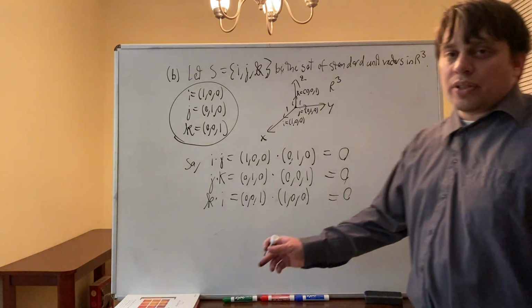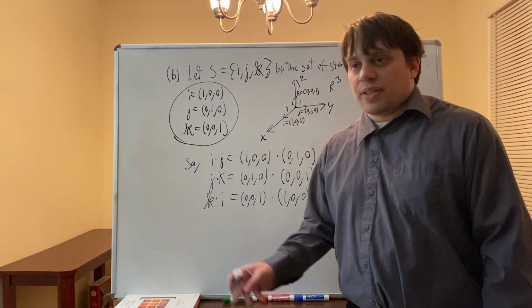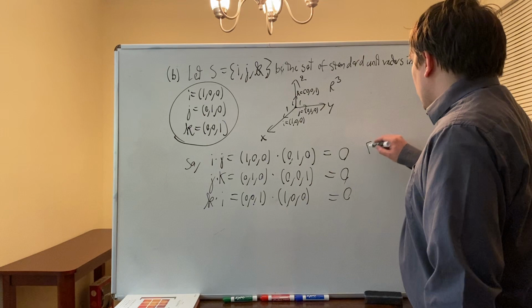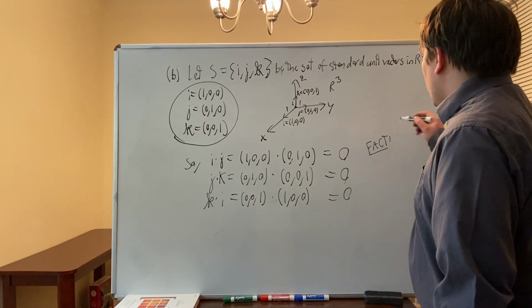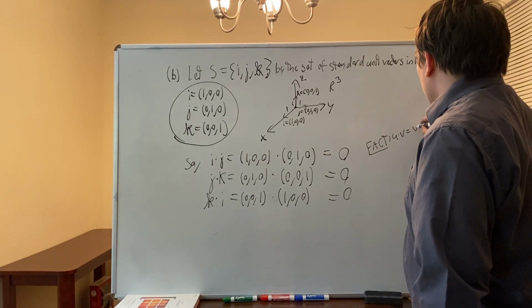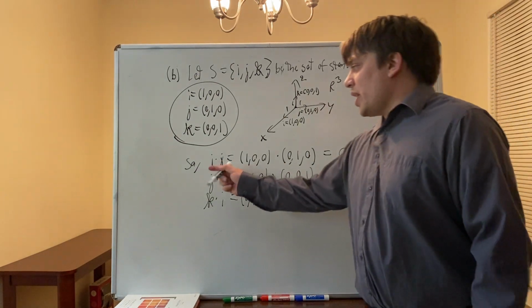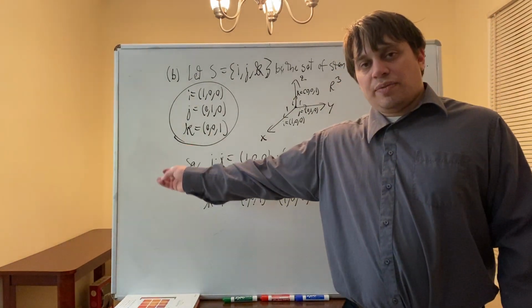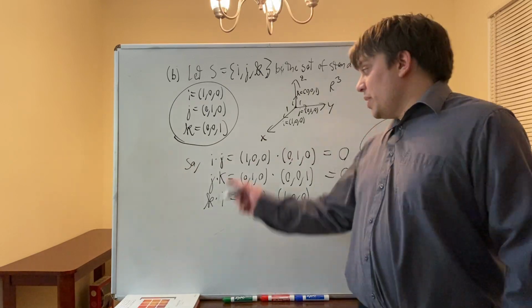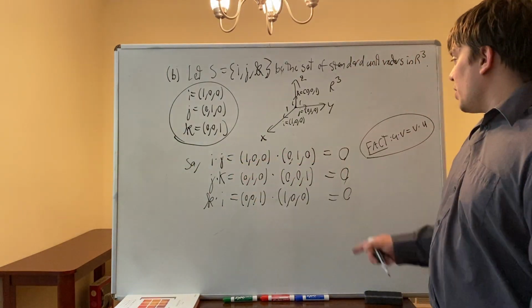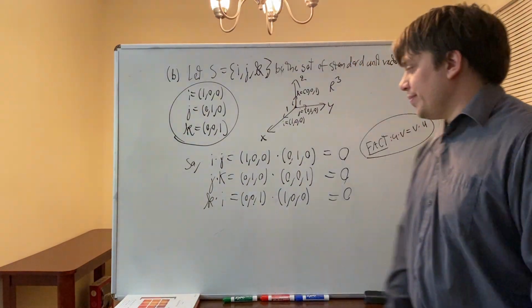And you can switch the order and the dot product stays the same, right? So remember, one fact about dot products was that u dot v equals v dot u. And so for each of these equations, I could have switched the order of the standard unit vectors I was talking about, and it would still be 0. So since i dot j is equal to 0, j dot i is equal to 0.